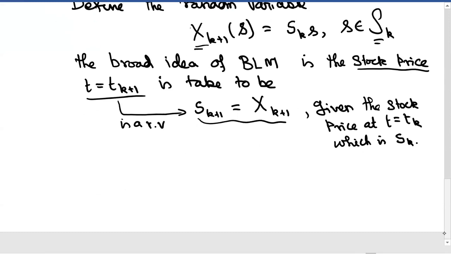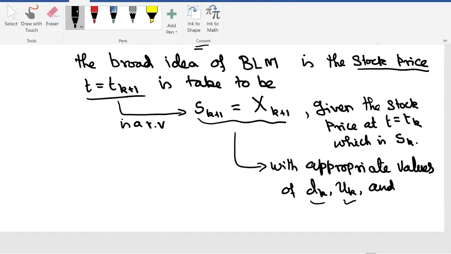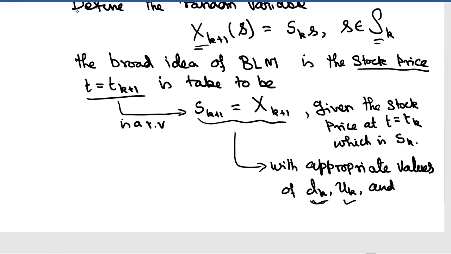We have to define this with appropriate values of dk, uk and pk. See, rk and sk are given to us. Rk comes from our money market, that is the market where you can invest without any risk, that is risk-free investment, something like a bond.